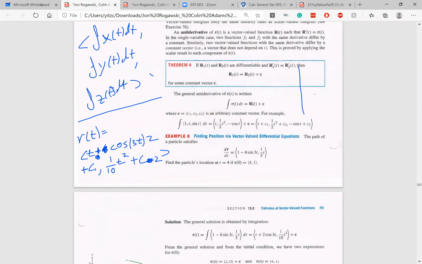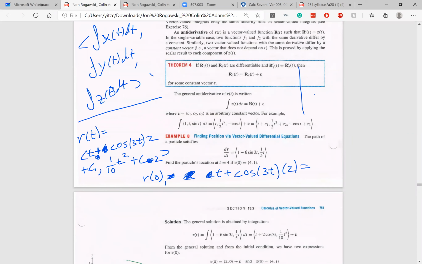Okay, so now at r of 0, we get (4, 1). So I'm going to write t plus cosine of 3t times 2.